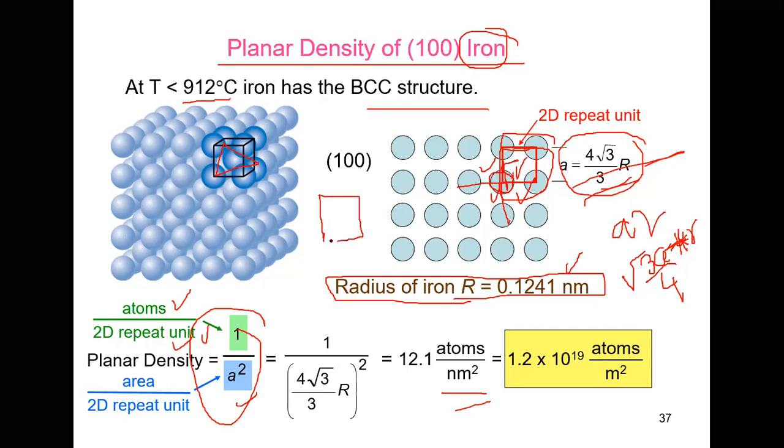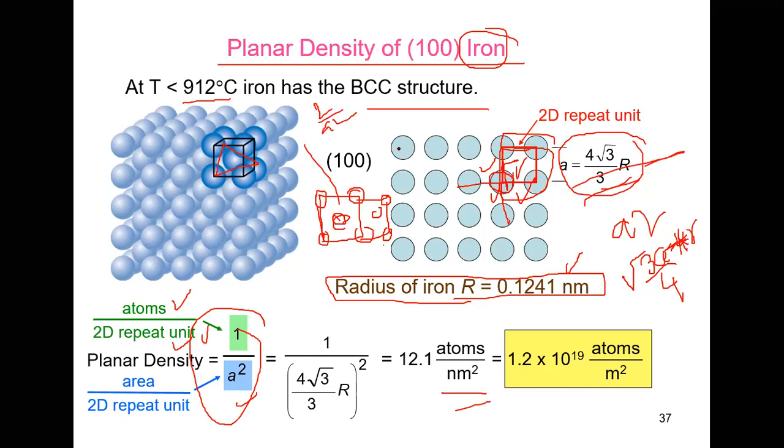In the 100 plane of the FCC unit cell, atoms will be located in the corners and also at the face center positions. In the case of the face-centered cubic crystal and the 100 plane, the corner contribution will be 1, and the face-center atom will be entirely its own. So the number of atoms in this plane will be 2. The area will be as before, a square. So the planar density in this case will be 2 by a square.